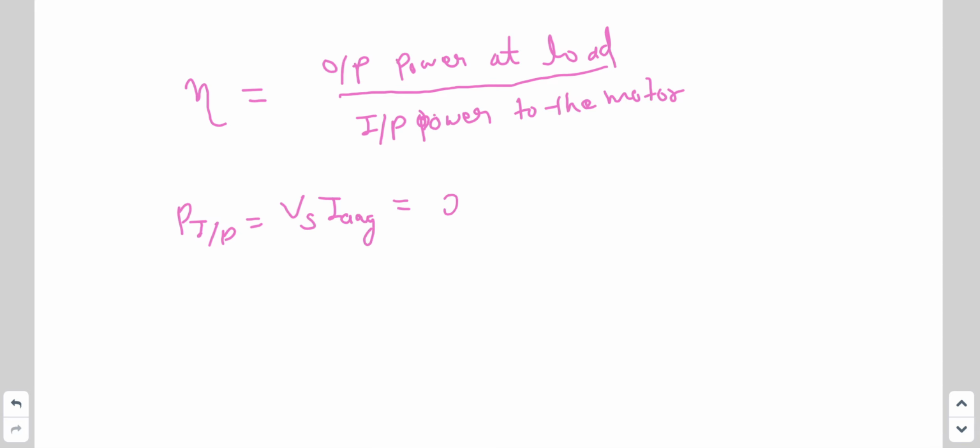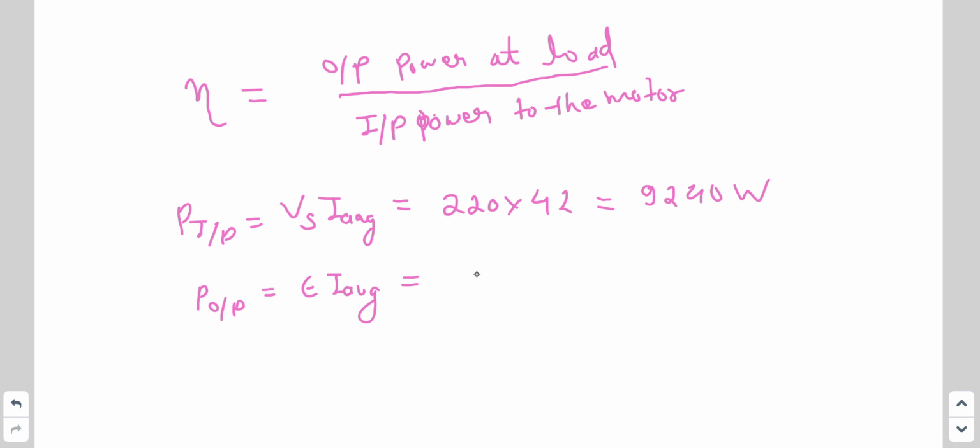So it will be 220 into I average, which is 42 ampere. So the input power will be 9240 watt and the output power will be E into I average.